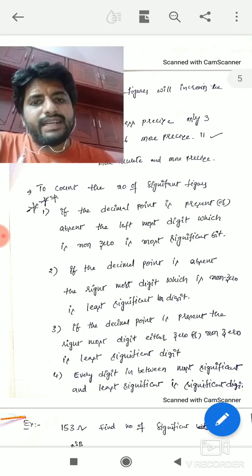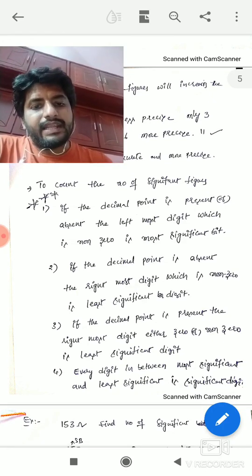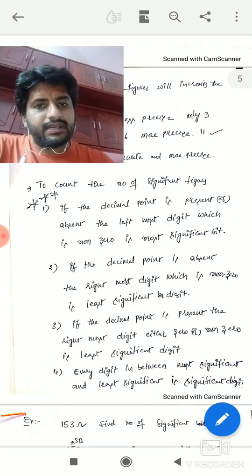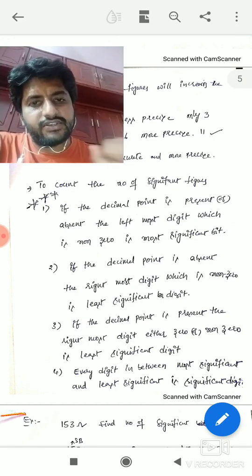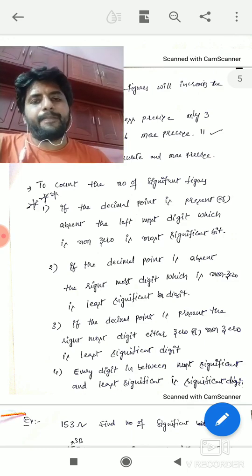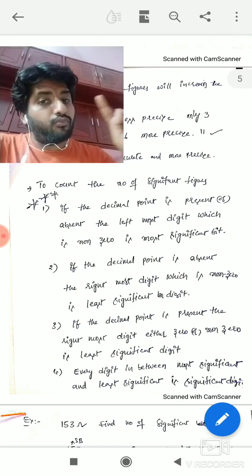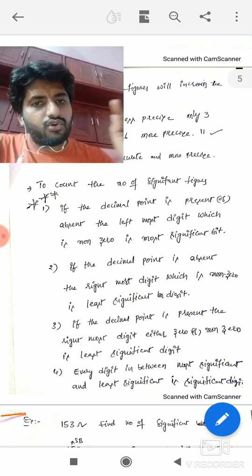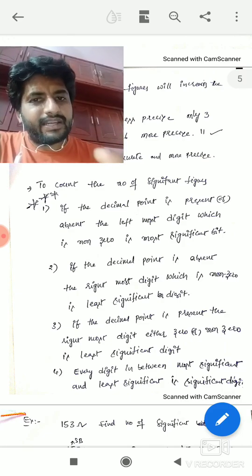Next we'll go for the second point. If the decimal point is absent, the rightmost digit which is non-zero is my least significant bit, right? If the decimal point is absent, the rightmost digit which is non-zero, we call it the least significant bit.